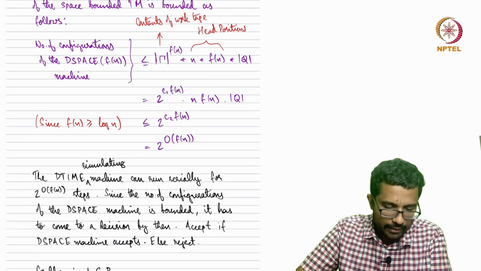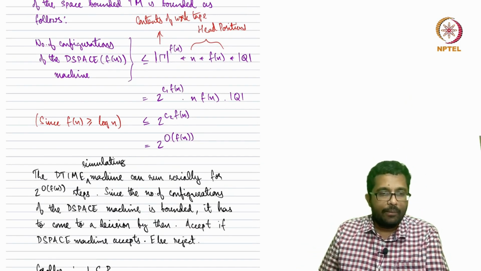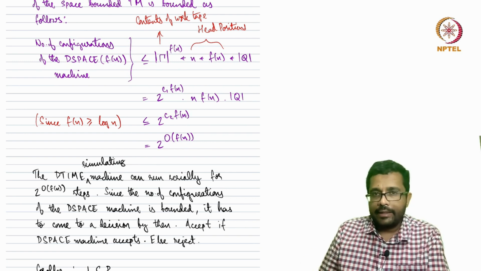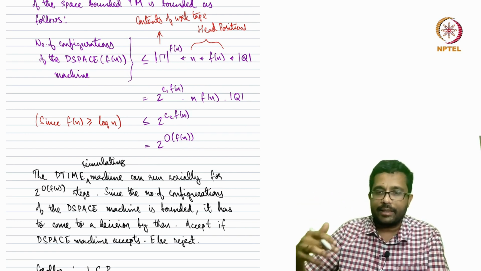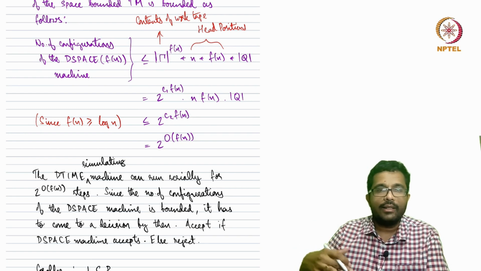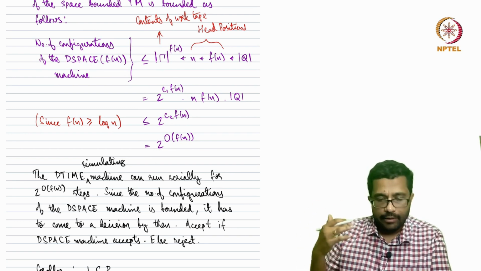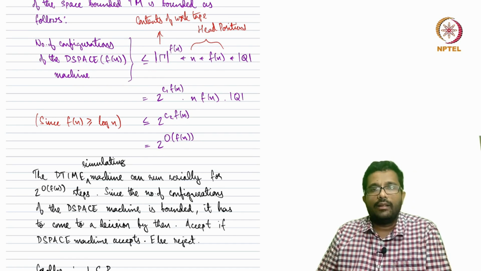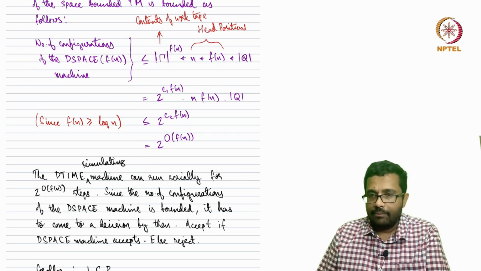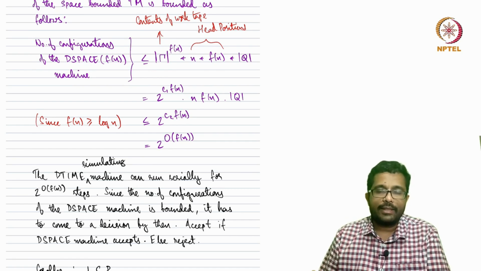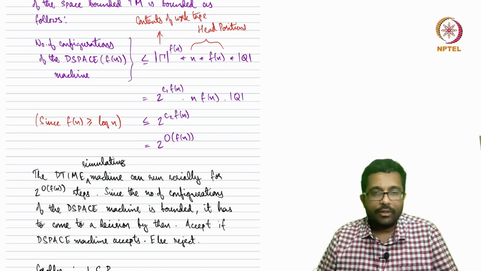Now the number of configurations is 2 power O(f(n)), which means it has to terminate in 2 power O(f(n)) steps, right? If it does not terminate in that many steps, it is repeating some configuration, which means it will just get stuck in some loop. If we accept, fine, we accept. If we reject, fine, we reject. But if it does not terminate in 2 power O(f(n)) steps, we are stuck in a loop.